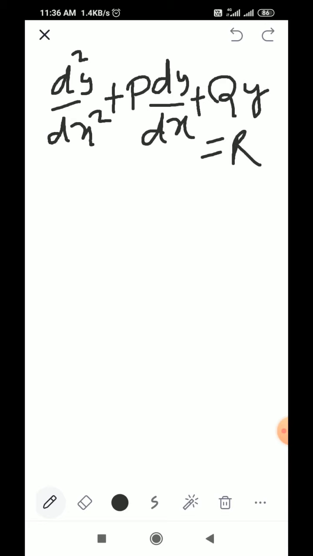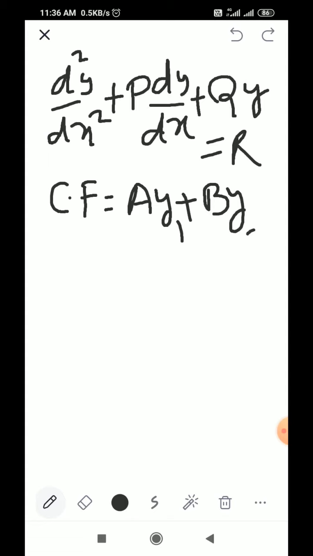Now let the complementary function CF be equal to a y1 plus b y2. So this is the complementary function.